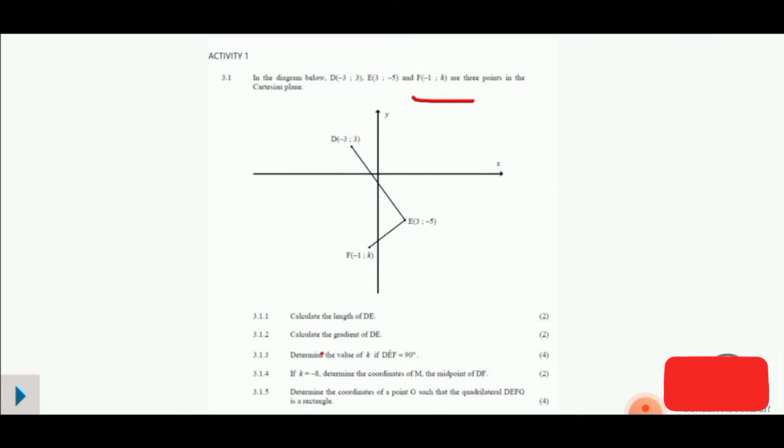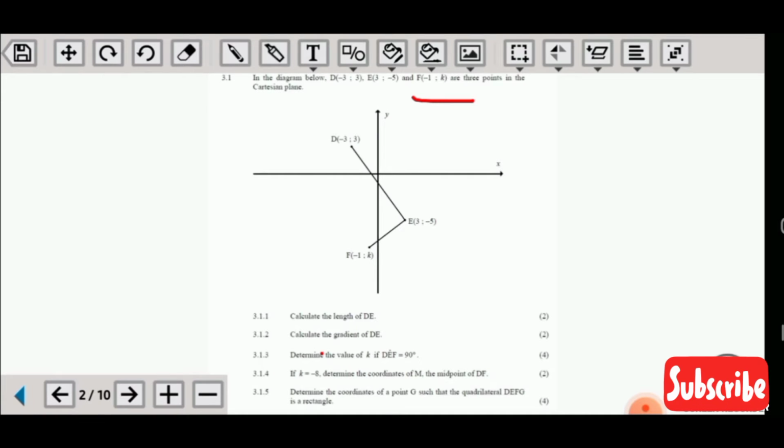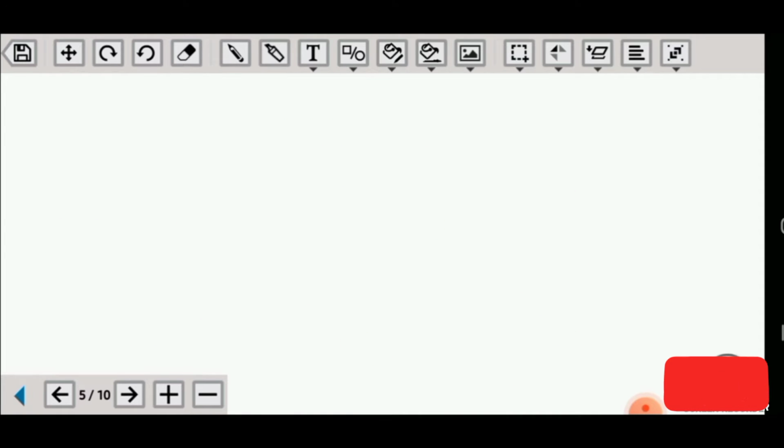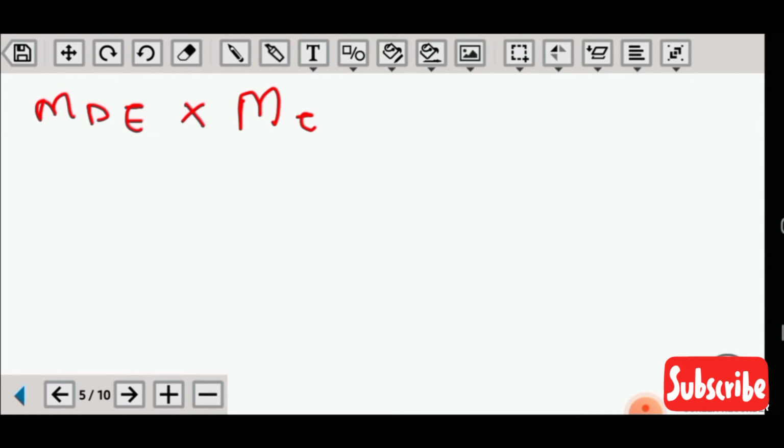If you don't know that formula, I suggest watching the previous video on parallel lines and perpendicular lines. The formula goes as follows: the gradient of DE multiplied by the gradient of EF is equal to -1.